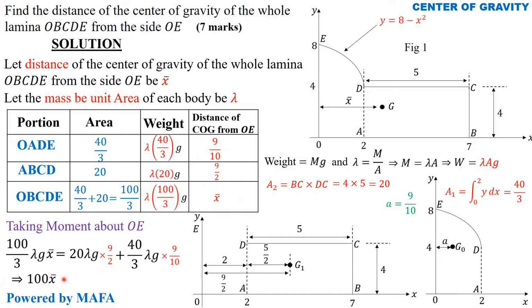So from there, we are finding our x bar, which is the distance of the center of gravity of the whole lamina from the side OE. So we can try to express x bar. For sure, lambda g and lambda g are all going to cancel out because they are equivalent. So from there, we can find the value of x bar, which is 153 on 50.